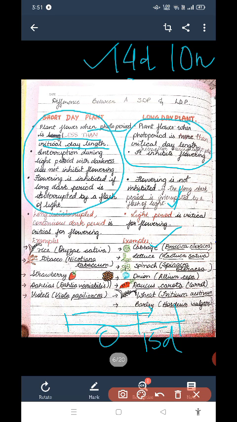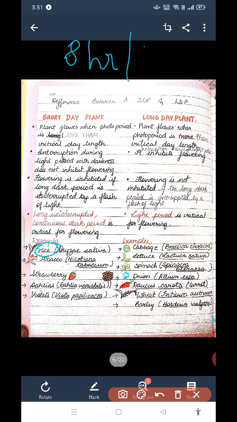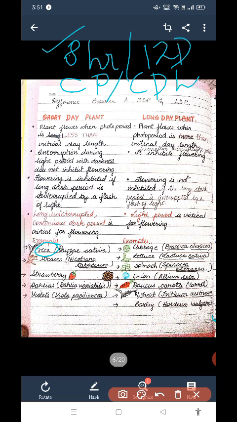Suppose now, just for example, this plant rice. Suppose it requires a day length of 8 hours of sunlight and 12 hours of dark period. Suppose this is the critical photoperiod of rice.